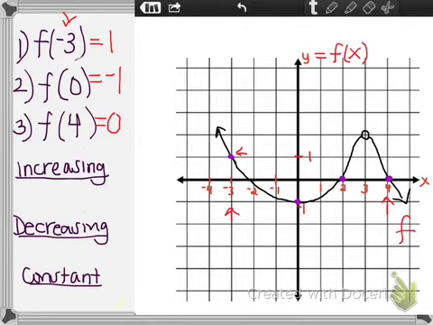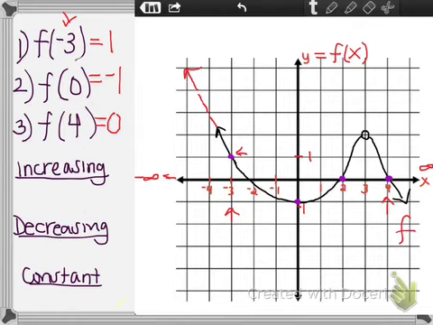And when we talk about increasing, decreasing, or constant, we're talking about our x values. So our x values go all the way from -infinity to +infinity, because that graph goes on forever.